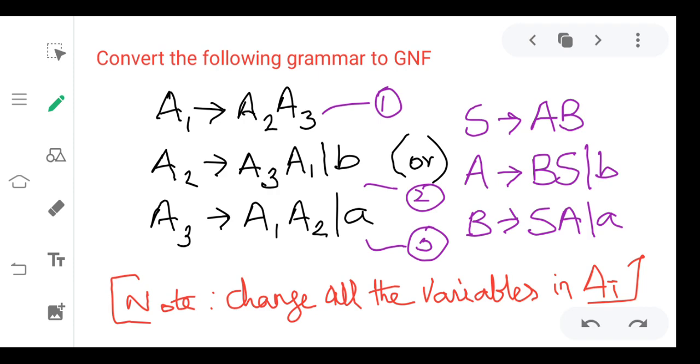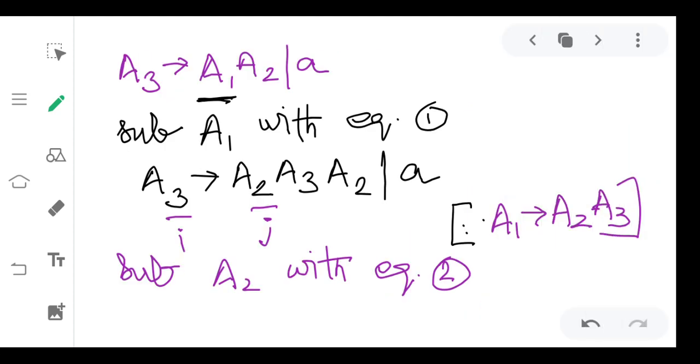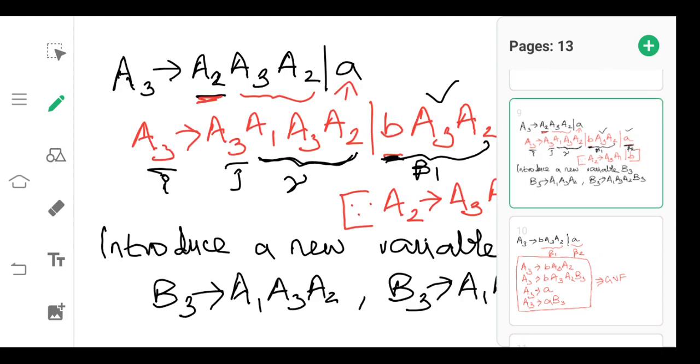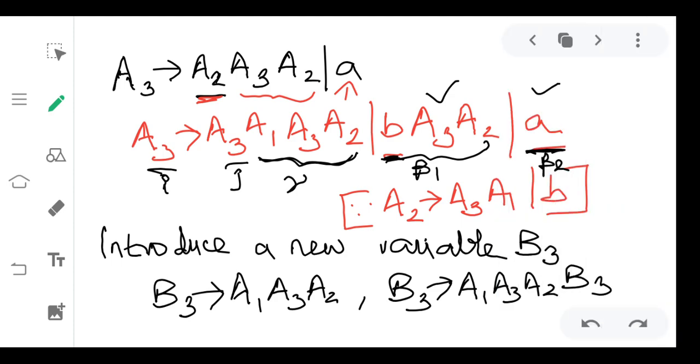So, we have to check always that J should be greater than I. If it is not so, then we have to convert AI with AJ with its productions. So like so, here we are substituting the values. Once I am getting as AI produces AI gamma, we have to introduce a new variable BA, that is B3 here.